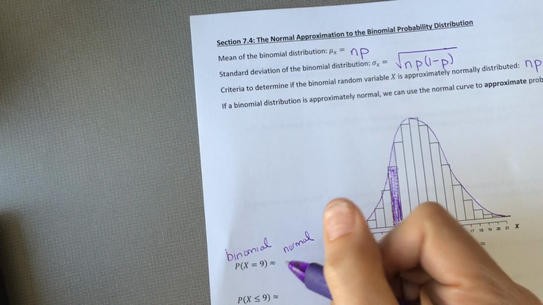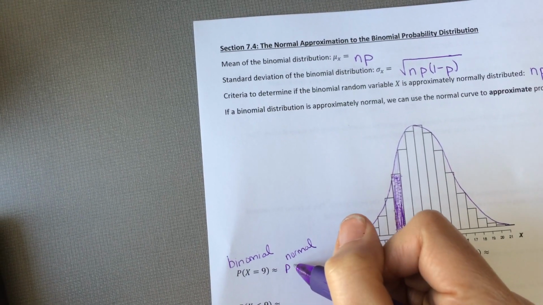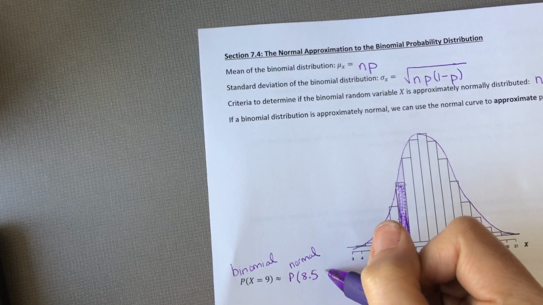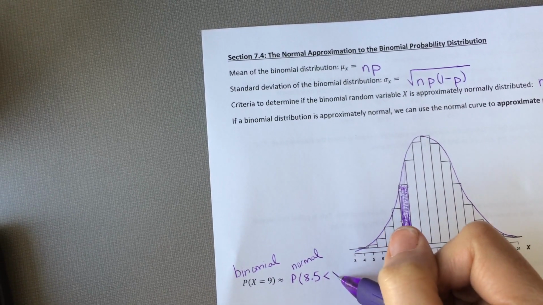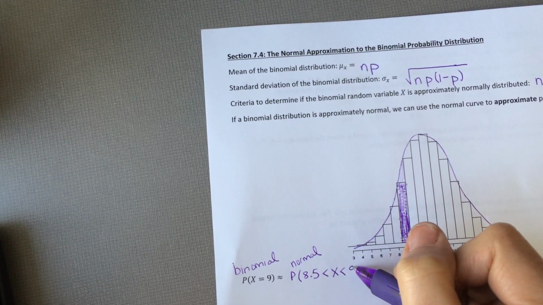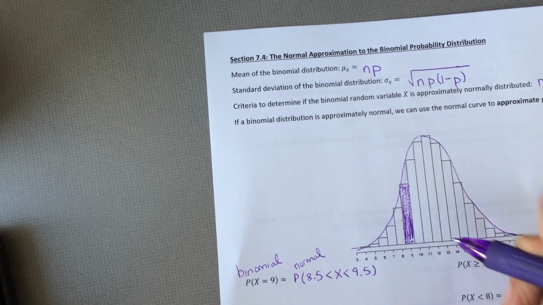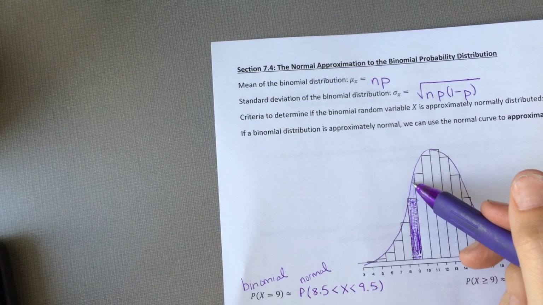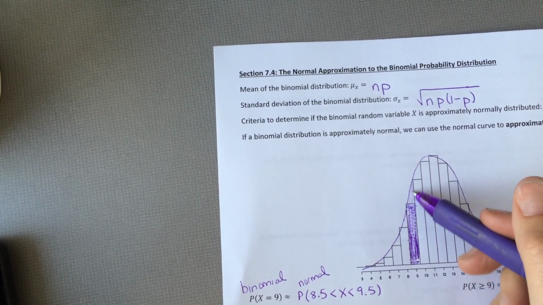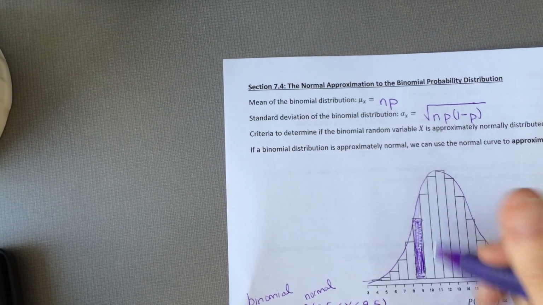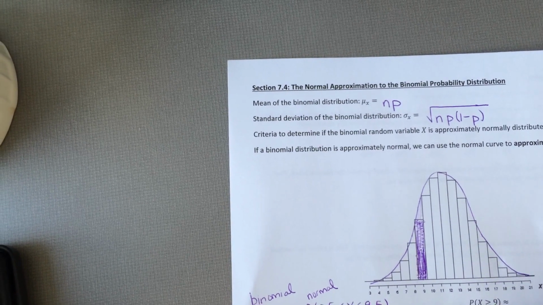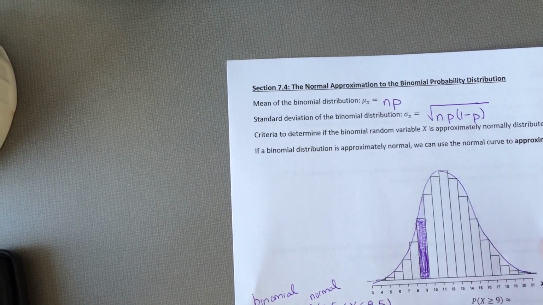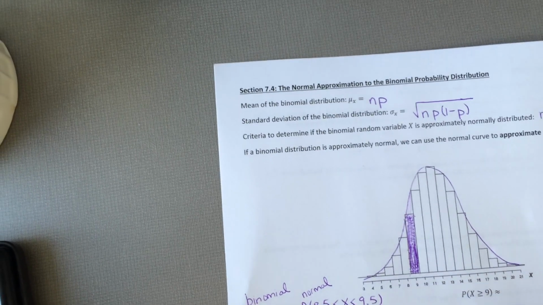That would give us the approximate area of the rectangle. Definitely we would be overshooting in this case. And there you go, that's how we would approximate it using the normal curve. We would look at the area from 8.5 to 9.5.